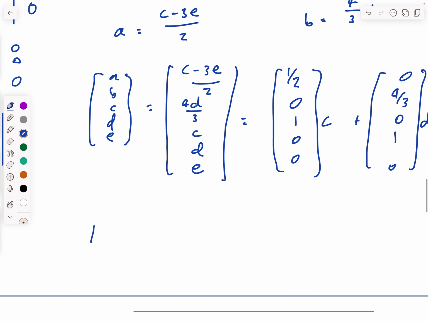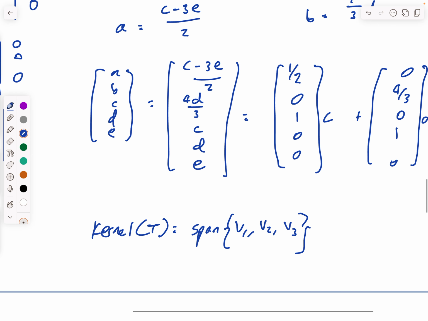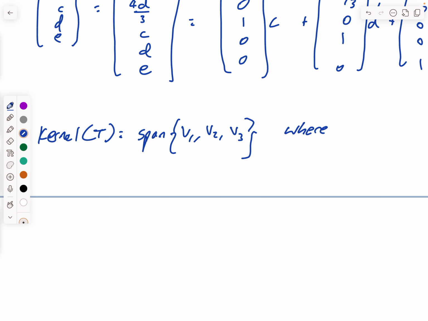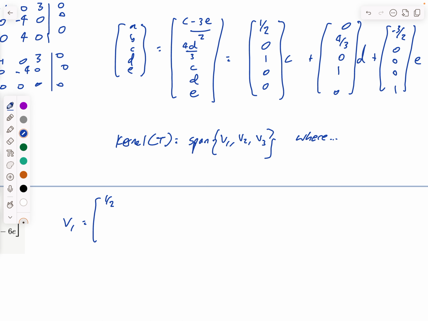Okay, and then we can describe the kernel of T as equal to the span of v1, v2, and v3, where, and we're going to continue down here, v1 is equal to 1/2, 0, 1, 0, 0. v2 is equal to 0, 4/3, 0, 1, 0.